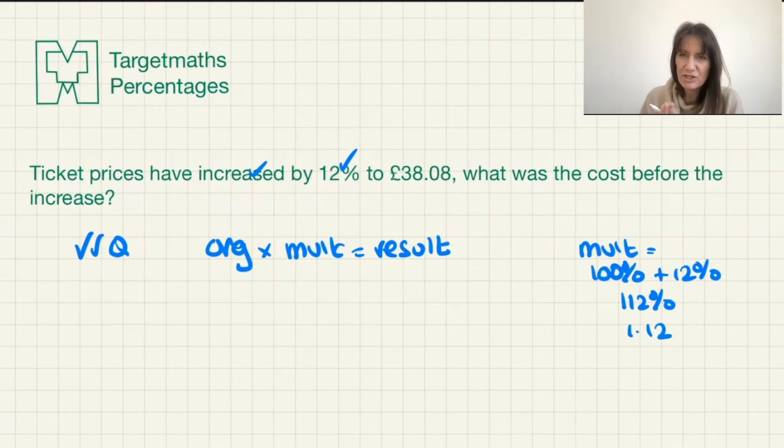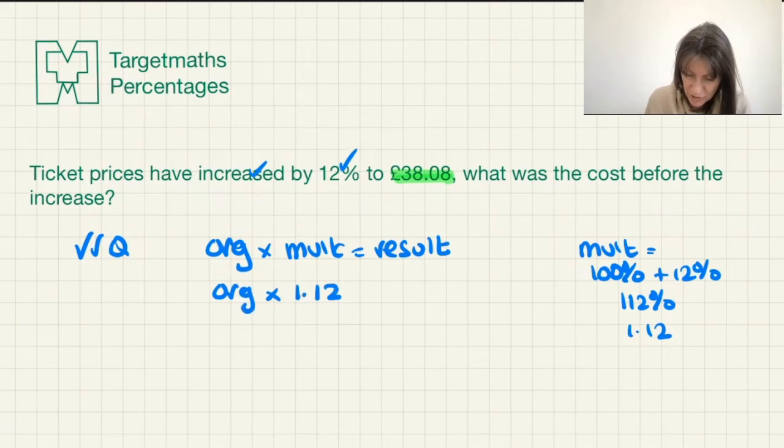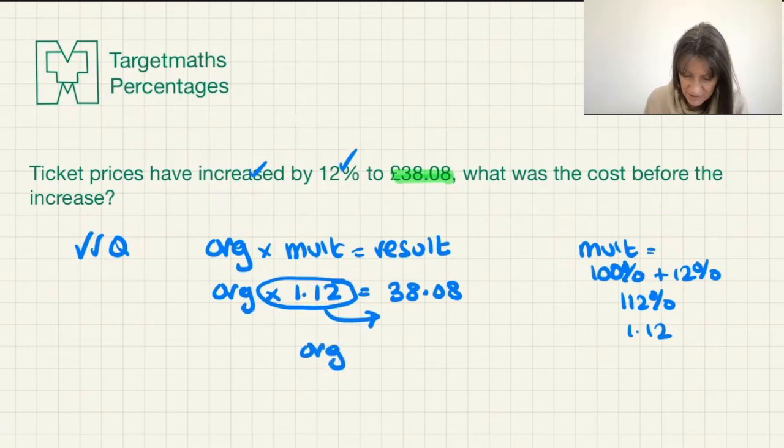You read that question very carefully, because the value that they give you is either going here or it's going here, and you need to try and identify which position to put that in. So I don't know the original, but when it got times by 1.12, it gave a result of £38.08. I want to know what the original is, so we're going to pick this up, get rid of it off of that side so that the original is on its own.